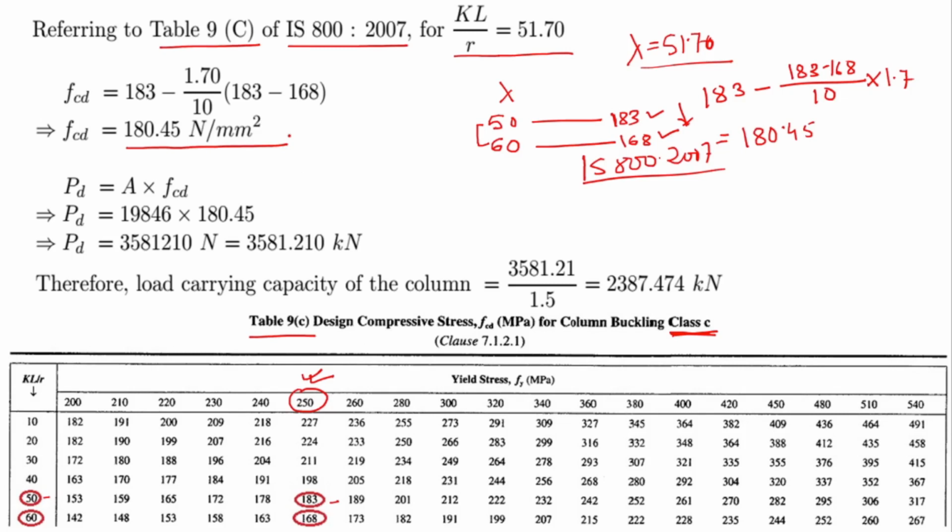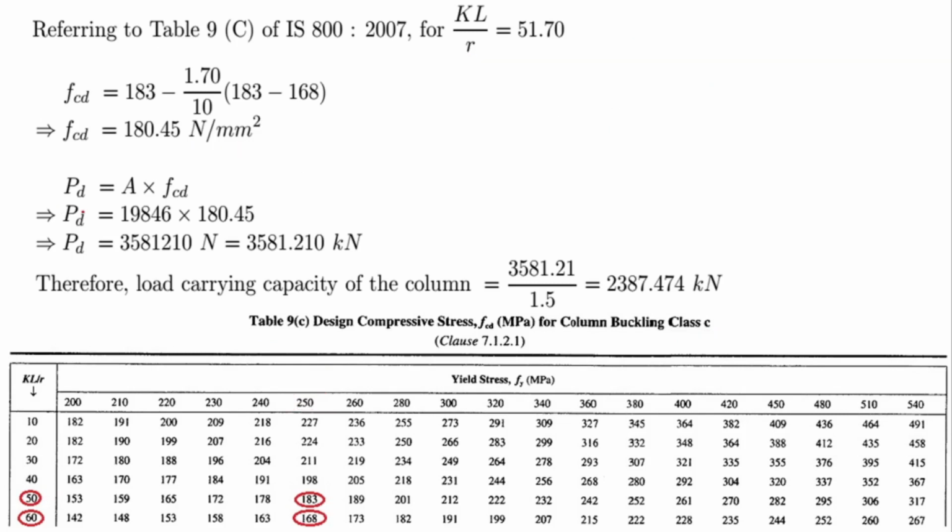For yield stress 250. Now we have to calculate the design load carried by the column, which is denoted by PD. It is calculated by multiplying the area with the design compressive stress FCD. What is the total area of cross section?